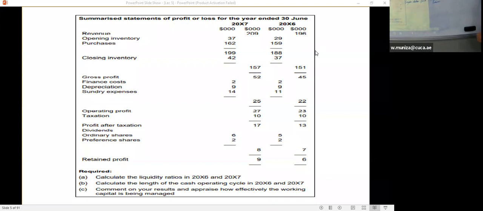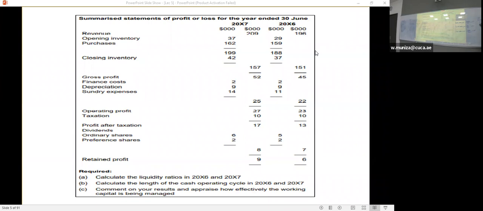And for 2006, inventory is 37 plus 29, divided by 2, whereas cost of sales are 151, multiplied by 365. Can you please tell me the answer for 2007, how much it is? 92 days. And for 2006?